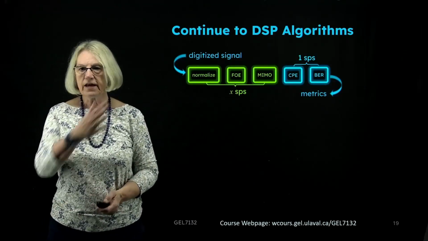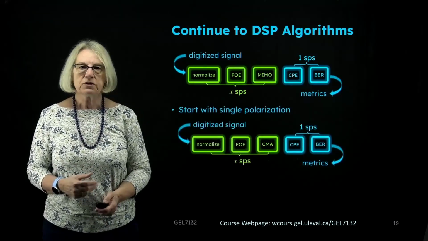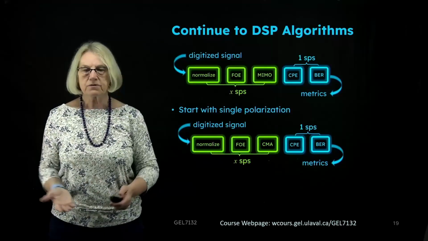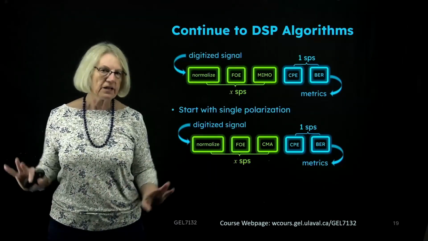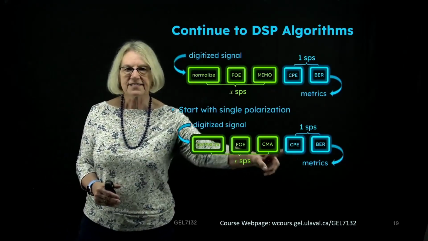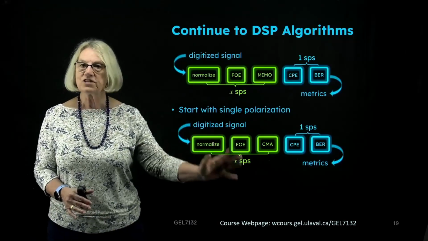So as I look at this DSP chain, I'm going to start with a single polarization. So in the examples I'm going to be following up with, I want to just strip away some complexity, and concentrate on some of the things that are going on inside of these without having to worry about the dual polarization example.